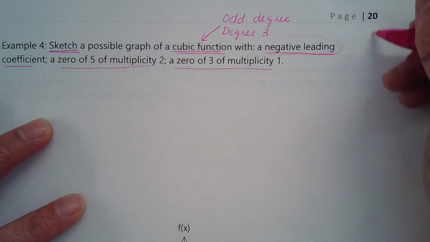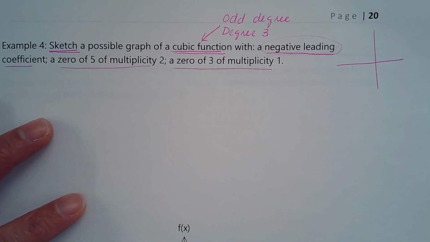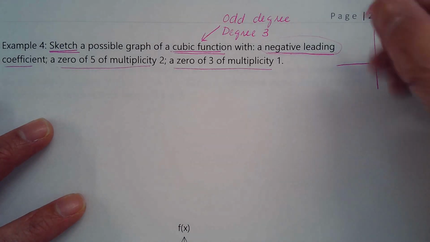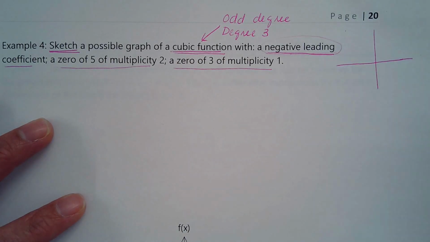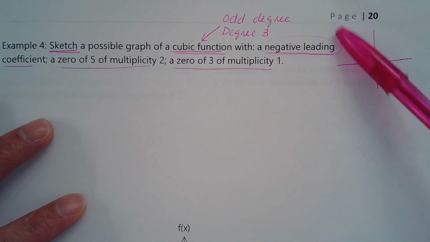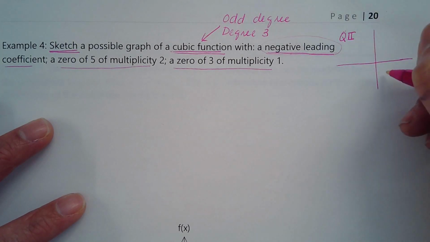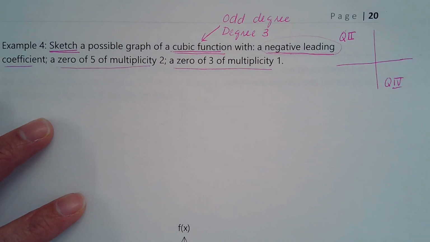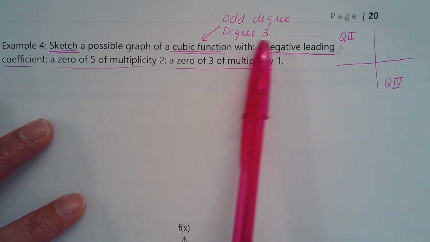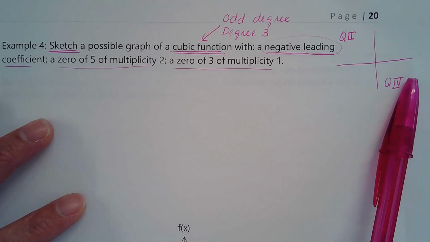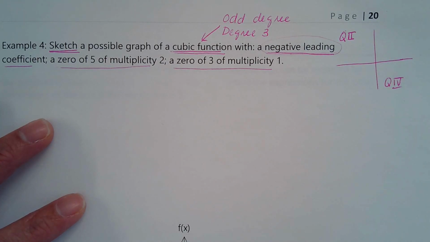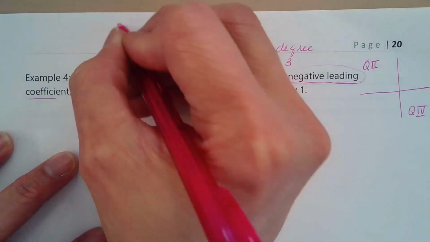If it's a negative leading coefficient, then we know that our polynomial function graph would be going from quadrant 2 to quadrant 4. Is everybody okay with that one? Because here it's an odd degree, so we have two possibilities.